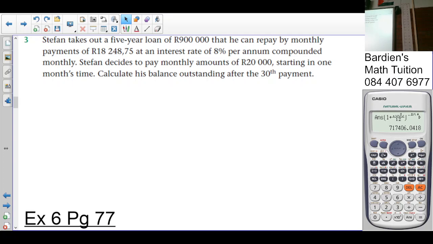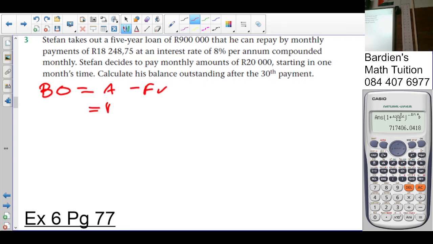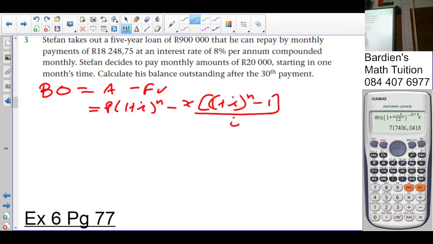So balance outstanding is going to be A minus FE, not so. So that's going to be P into 1 plus i to the exponent n minus x into 1 plus i to the exponent n minus 1 over i. Right, what is his P value?